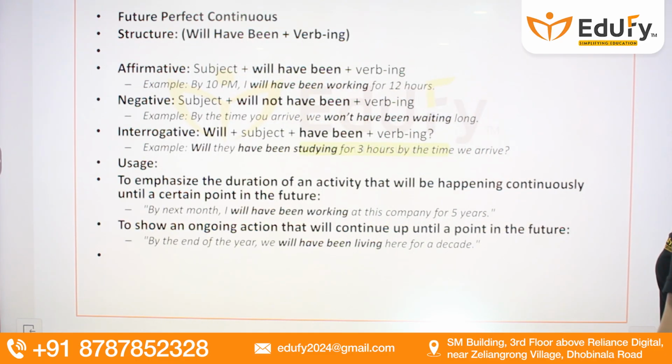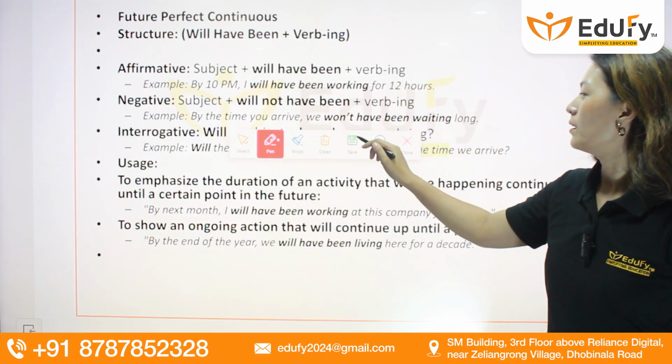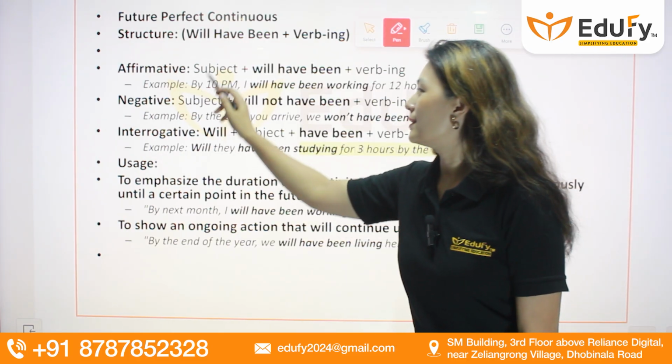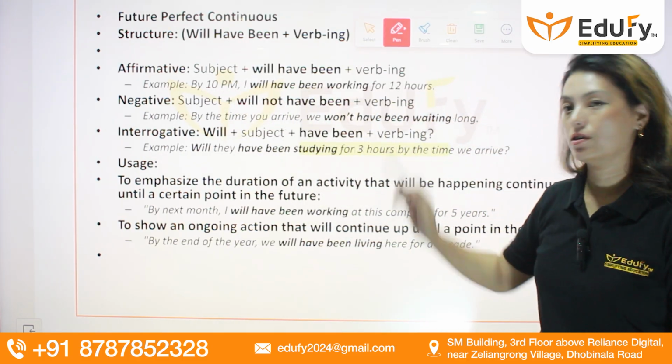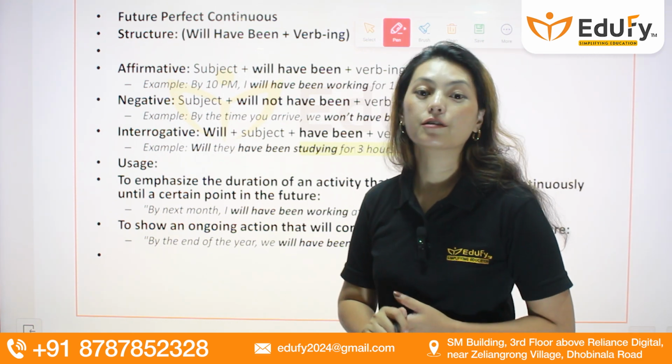So what are the various sentences that I can write through this structure? If it's an affirmative sentence, that is a positive sentence: By 10 p.m., I will have been working for 12 hours. It might sound like a very long statement and you're confused.